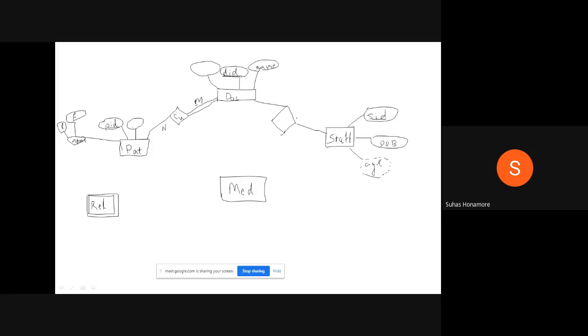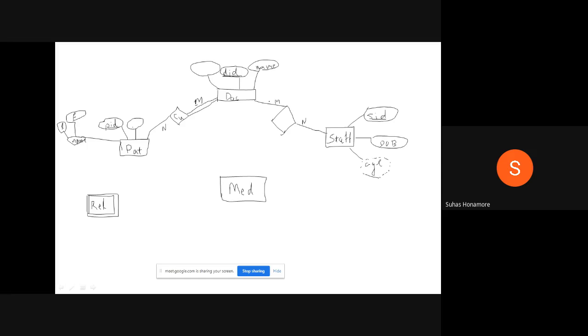And what about the cardinality ratio? 1 is to n will come or m is to n will come. One doctor may require n number of attenders, or n number of attenders visiting m number of doctors, n is to m. Again it depends on the problem statement you are making.